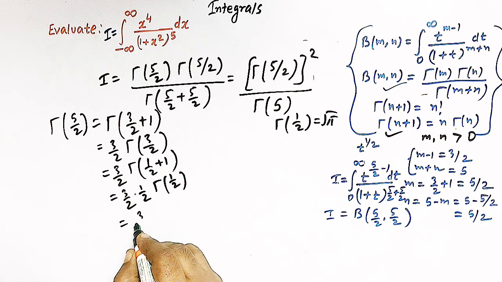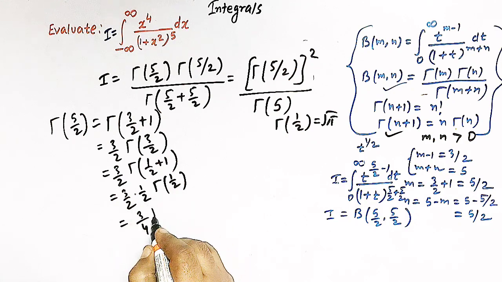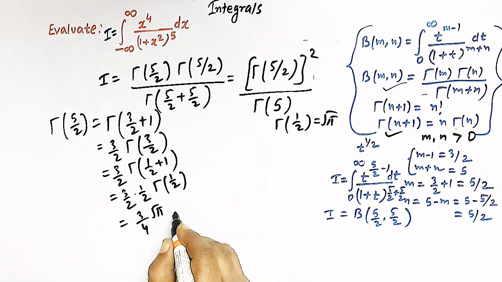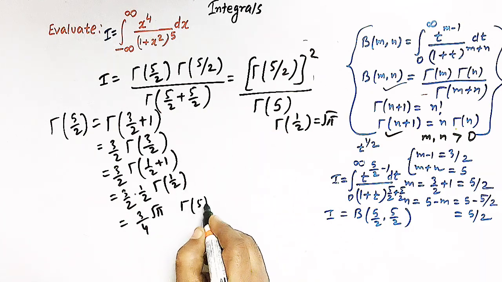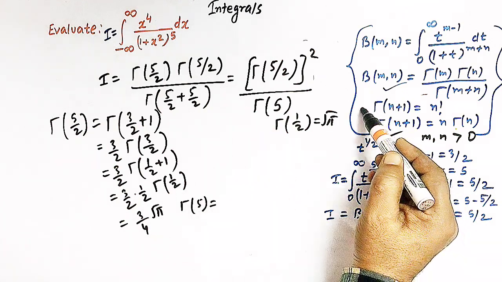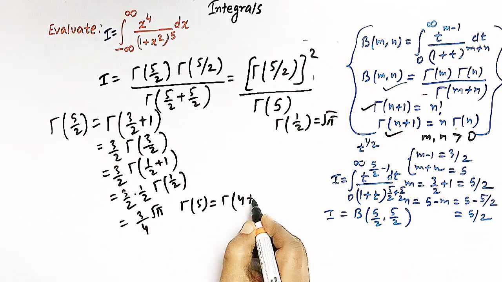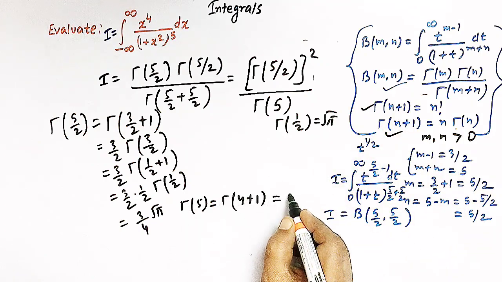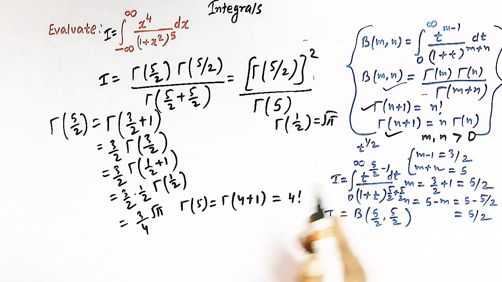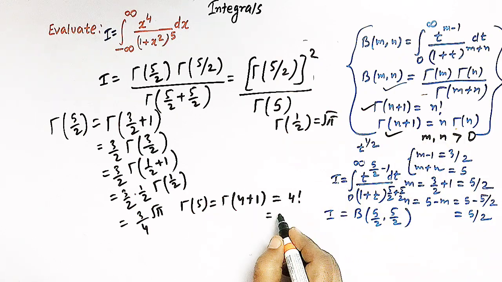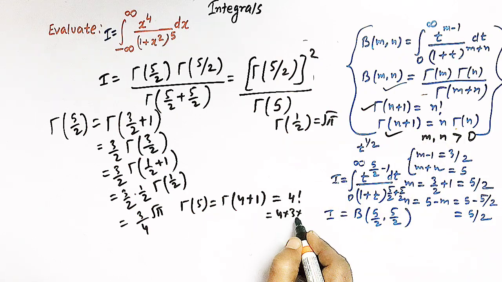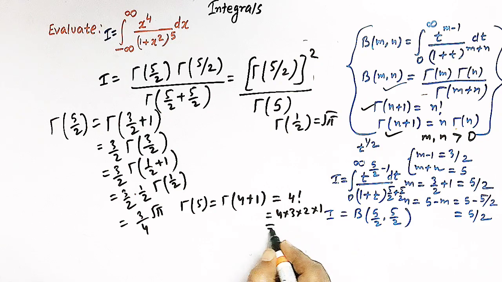So we have 3 over 4, and here we have square root of pi, and gamma 5 can be obtained by using this result. We can write gamma 5 as 4 plus 1, that is equal to 4 factorial, right? And 4 factorial is 4 times 3 times 2 times 1, that is equal to 24.